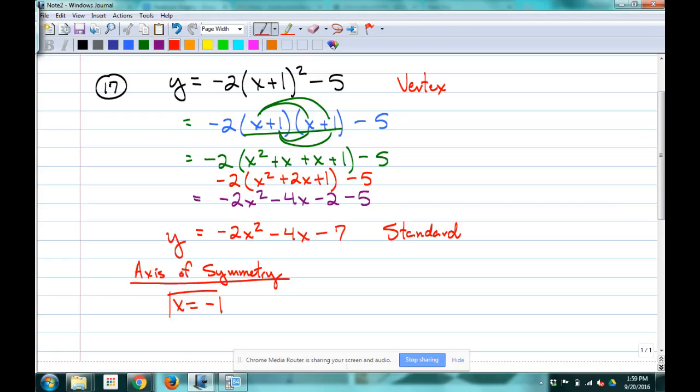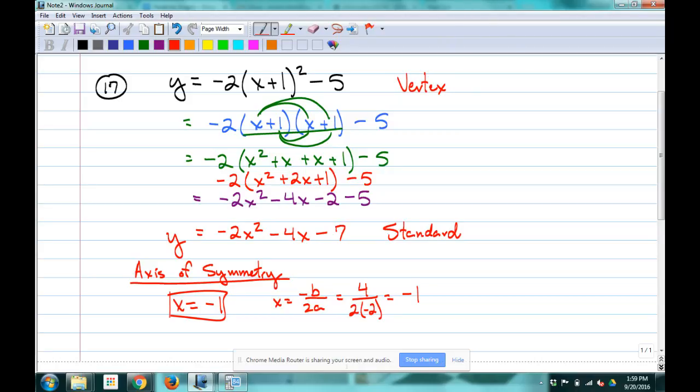If you're going from standard form, the formula is x equals -b over 2a. So I would have 4 over 2 times -2, which is still -1. It's the same answer. So there's a check that you can do if you're working with vertex form and standard form. You can check yourself to make sure you did it correctly.